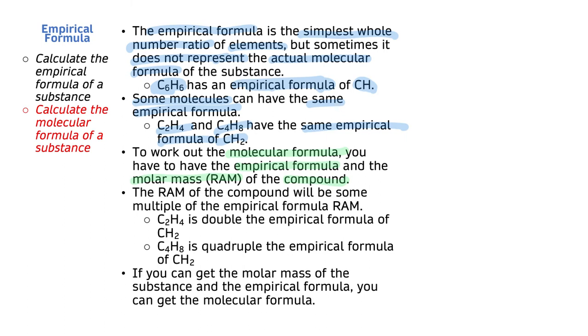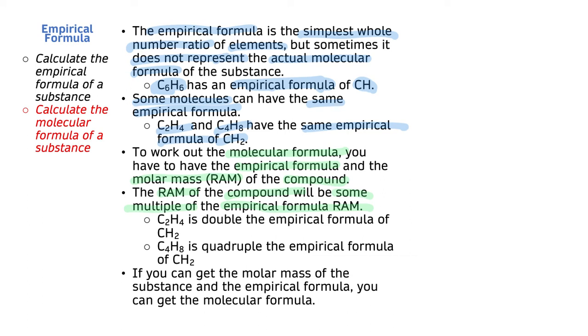Sometimes it'll come up, right? And so the RAM of the compound will be some multiple of the empirical formula RAM, which is what we were just talking about. Okay, so now what I was saying is that the RAM of the compound will be some multiple of the empirical formula relative atomic mass.